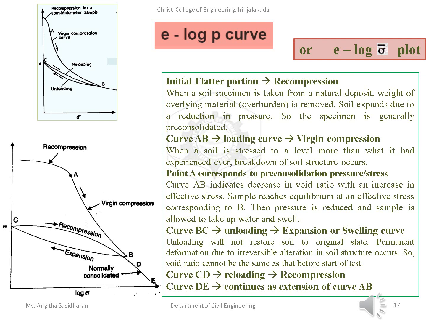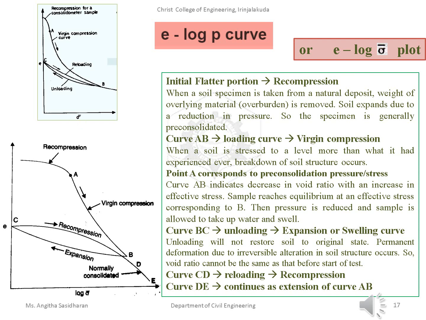And consider a curve that is representing the process of loading and unloading of a soil specimen, as we do in a consolidation test. In the y-axis we are plotting the void ratio, and in the x-axis the effective stress. So this is a plot between void ratio and effective stress.